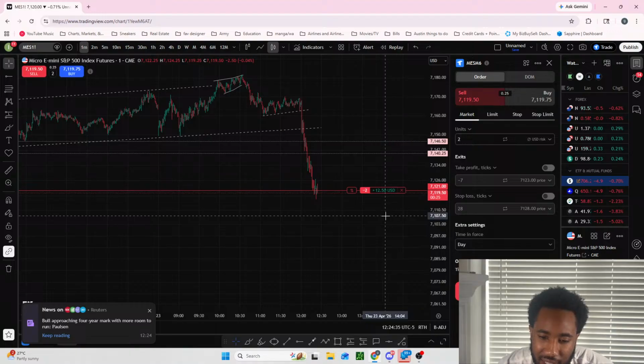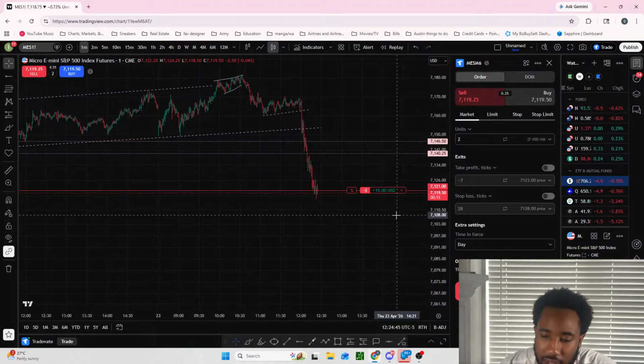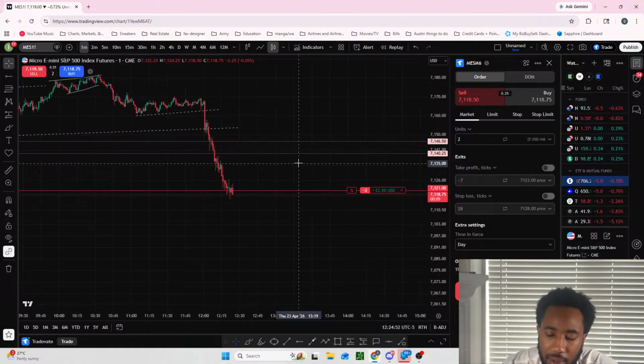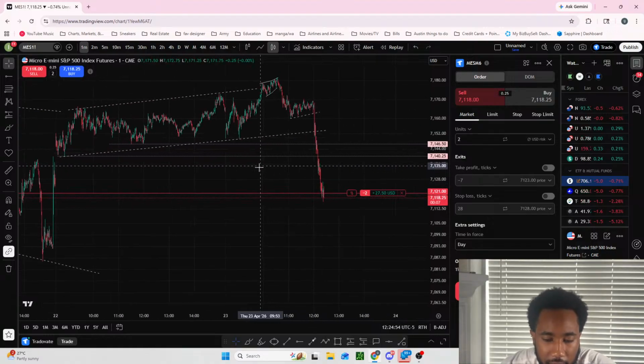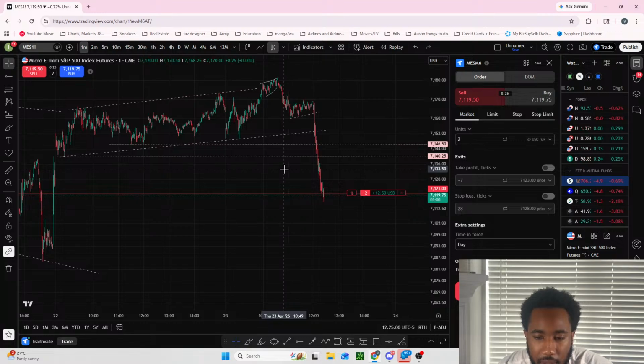Trust the TP. Trust the TP. But you still want to trade in a structured way, like hit certain take profits, hit a certain stop loss.